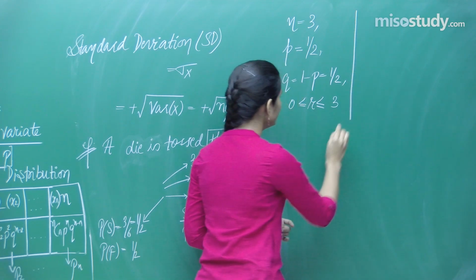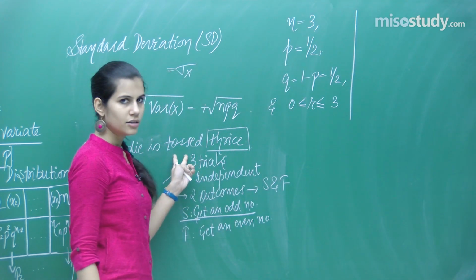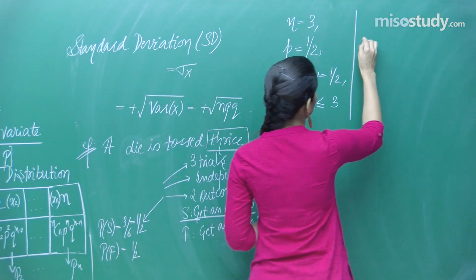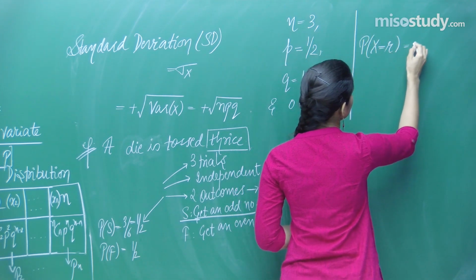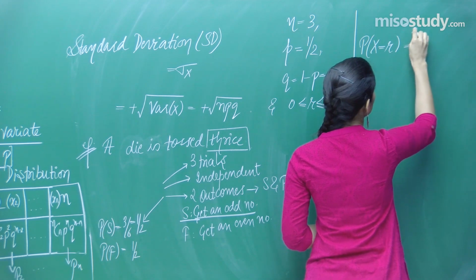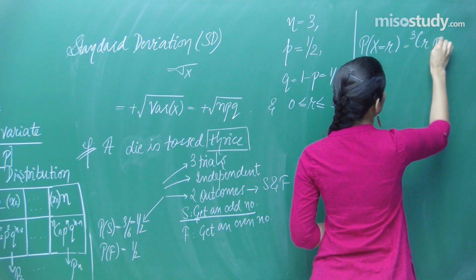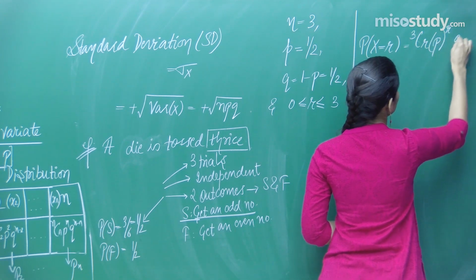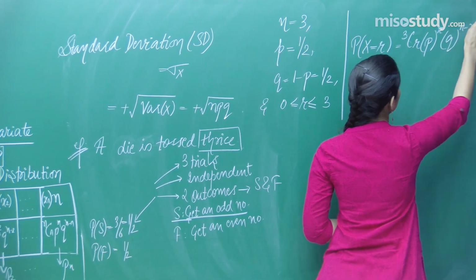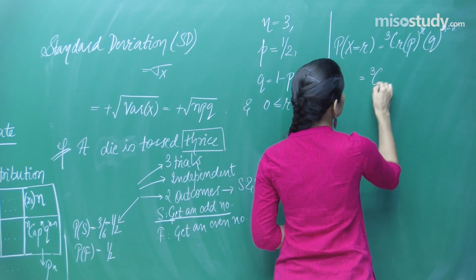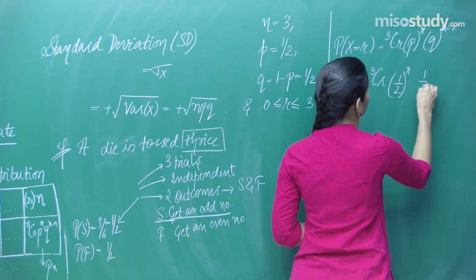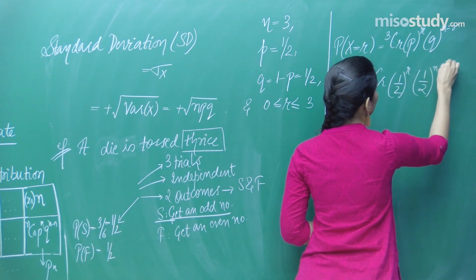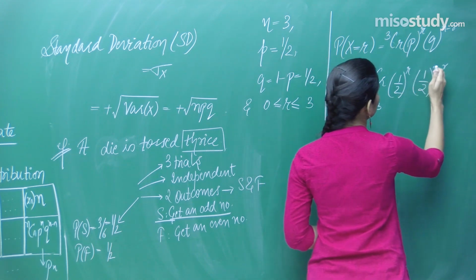In 3 trials of tossing this die, the probability of getting r successes is 3Cr p to the power r q to the power n minus r, which is 3Cr half to the power r times half to the power 3 minus r.